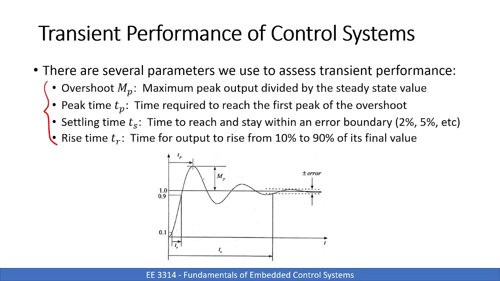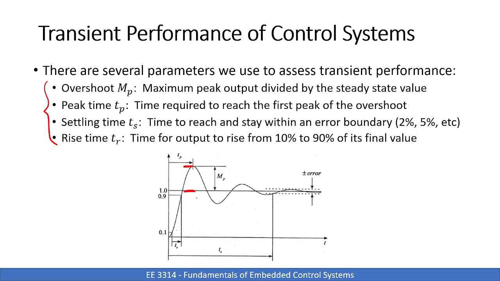So overshoot: if you have a second order system, or a system with overshoot, we'll potentially have this oscillation type response. So there can be some overshoot, and that amount of overshoot is called M sub p. Notice this is like a percentage, so it's the maximum peak output, this value, divided by the steady state value, right? So this is going to be a percentage over your steady state value.